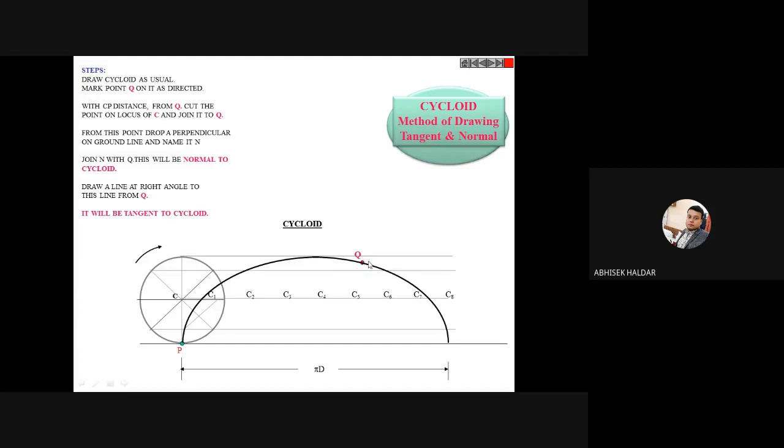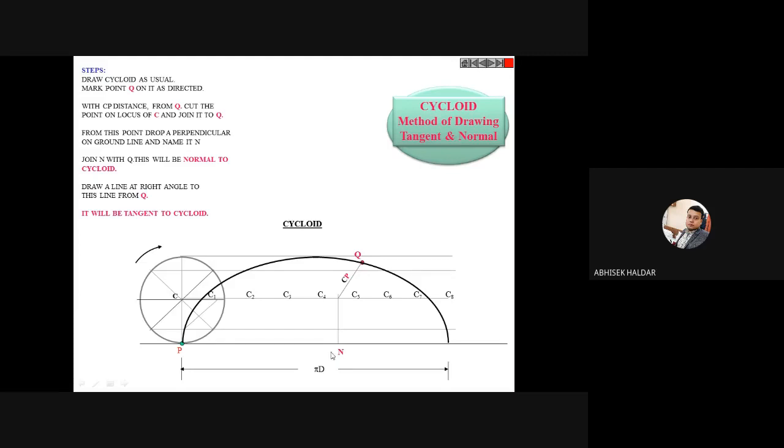Place your compass at this point Q, cut the central line, that means this line on which C1, C2, C3, C4 are there. This much length you have to cut. How much is it? It is nothing but CP. So take CP in your compass, place it at Q, cut it on the central line. You will get an intersection point over here. From this point, you drop down a vertical line on the straight line path, which will cut at a particular point.